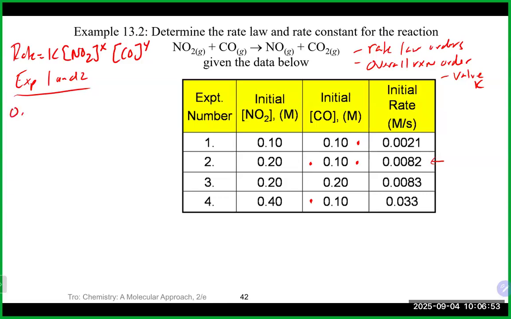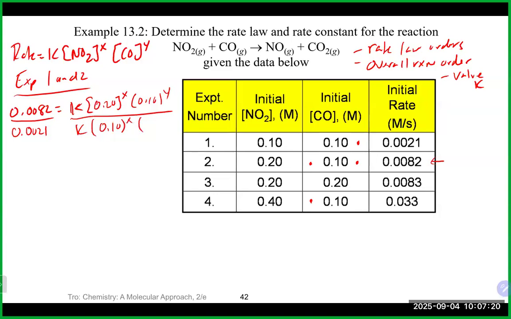We're going to go 0.0082 equals K, and we got 0.2 there to the X, and 0.1 there to the Y. Going to put everything for experiment 1 on the bottom, and that's going to give us 0.0021 equals K, 0.1 to the X, and 0.1 there to the Y.